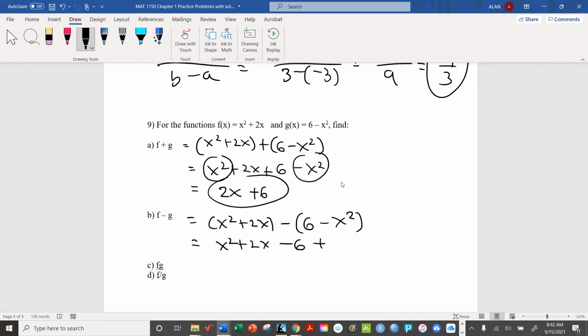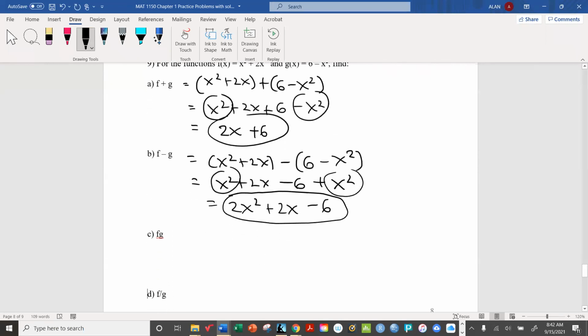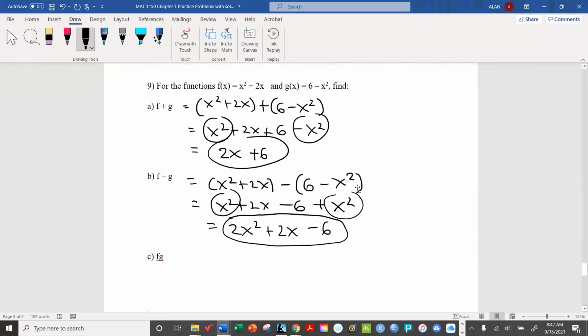Okay, so it's x squared plus 2x minus 6, but plus x squared. So we gather up the like terms, and we have 2x squared plus 2x minus 6.